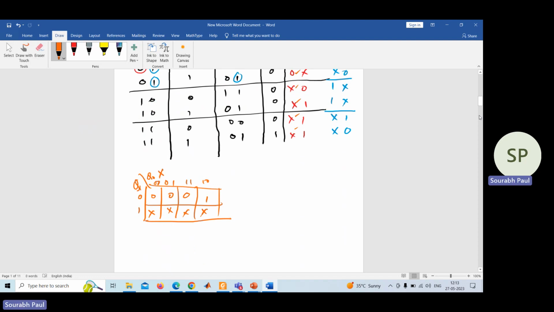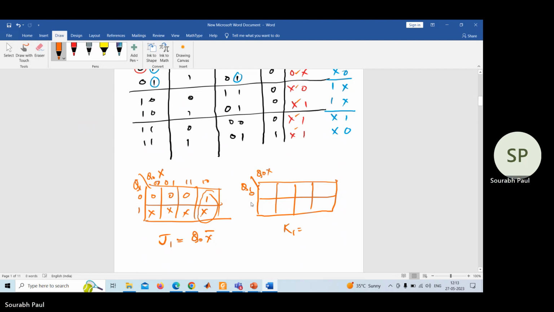Okay. So what we can do, we can make a pair and we can get the value of J1 equal to Q0 X bar. Now, likewise, we can find out the remaining values. I'm showing for K1 also, remaining value I'll directly write down. You can easily find out the values. So 0, 1, 0, 0, 0, 1, 1, 0. So for K, you check what are the values.